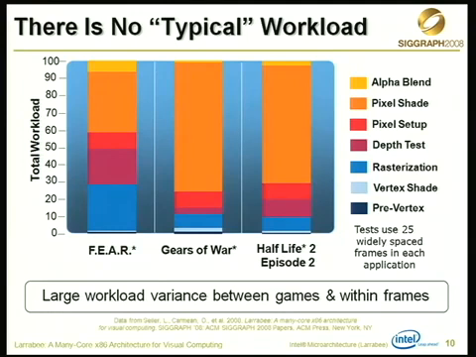We see here our analysis of 25 widely separated frames from 3 different DirectX 9 first-person shooters, and the workloads vary tremendously, even taken in the average. If you scale your alpha blender to be fast enough to support Fear, then it's mostly unused when you run Gears of War.